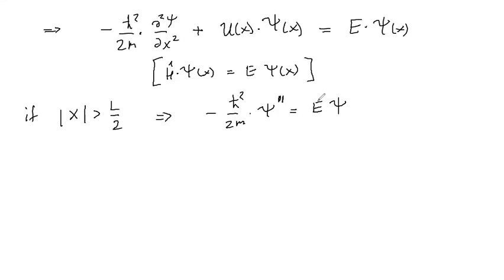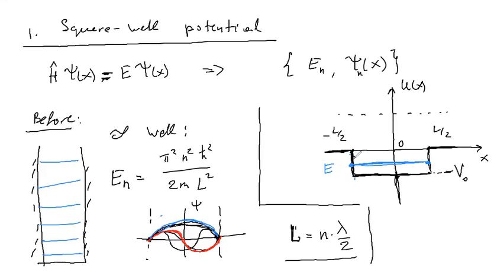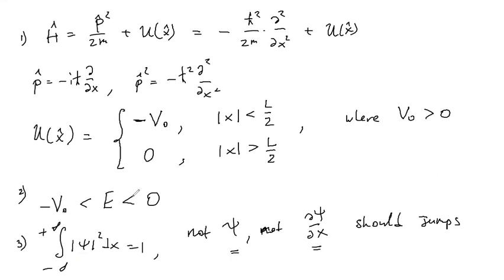So let's remember that my energy is negative. This is important. So this equation is equivalent to the second derivative being minus 2mE over h bar squared times psi. But my energy is negative. Remember, I'm below 0, so energy is less than 0.